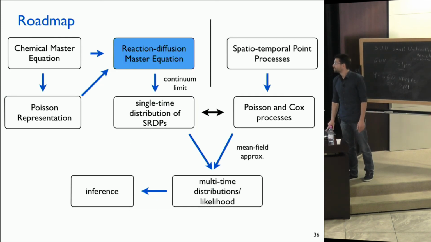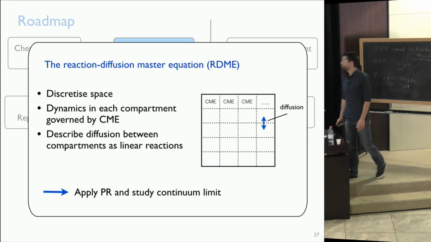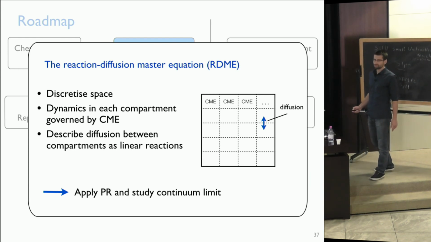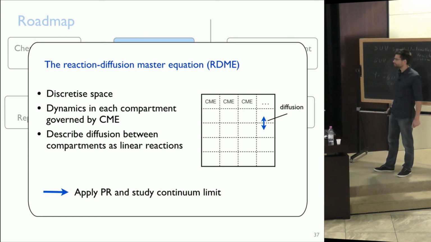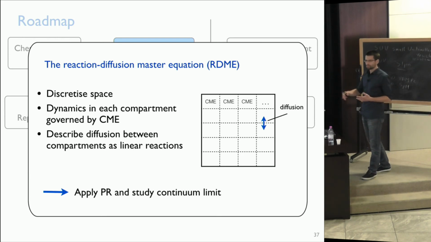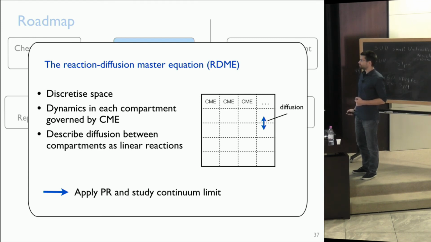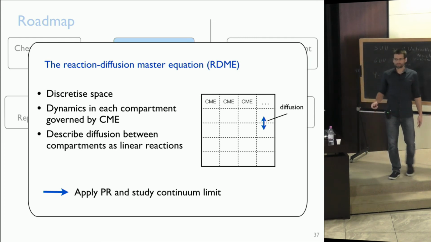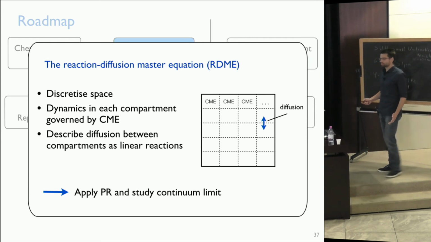And this one we then want to apply to the reaction diffusion master equation, which simply discretizes space into compartments and assumes that the dynamics in each compartment can be described by the chemical master equation, so by a non-spatial description. And the compartments are coupled by diffusion, which are simply linear jumps in the master equation. Now, this one can always write as a master equation with a huge number of species by just relabeling, so one can always apply the Poisson representation.